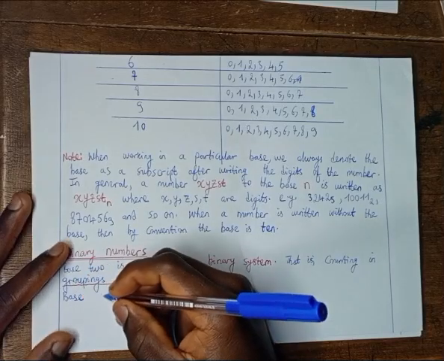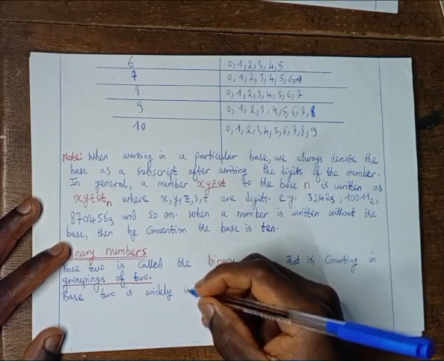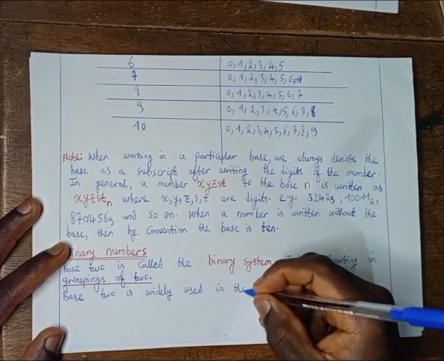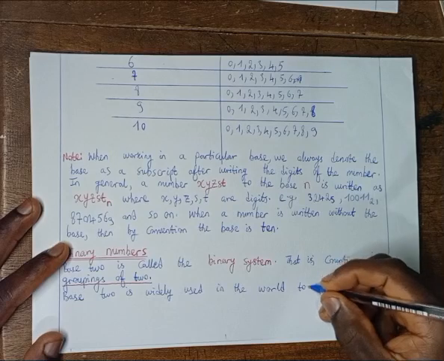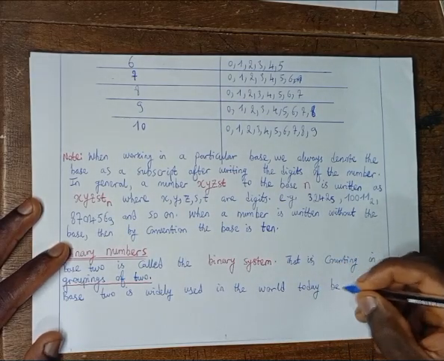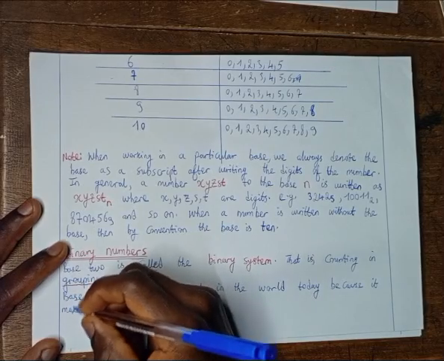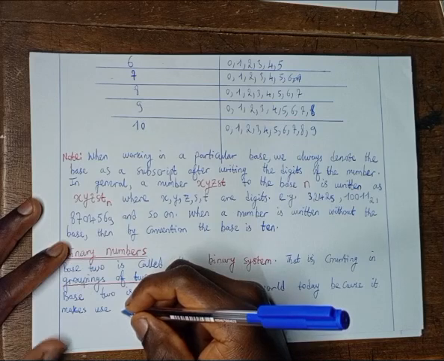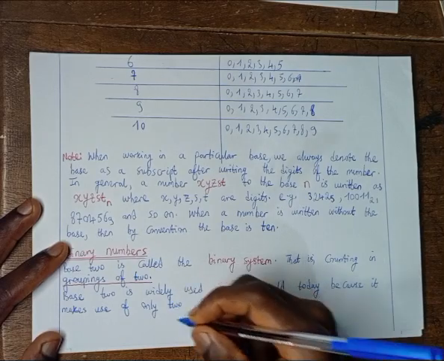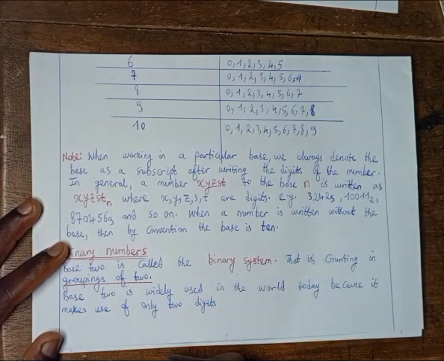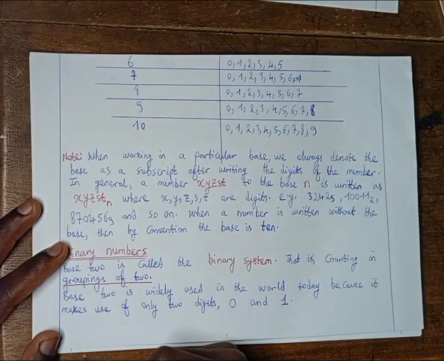Base 2 is widely used in the world today because it makes use of only 2 digits, 0 and 1. These are the only 2 digits we make use of in base 2.